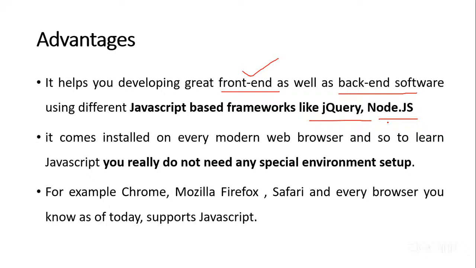Suppose you want to maintain the data in the server, or run a query at the back end, at the server, that is called backend. What happens behind the software, behind the application, is called backend. So we can develop front-end and back-end applications using JavaScript.